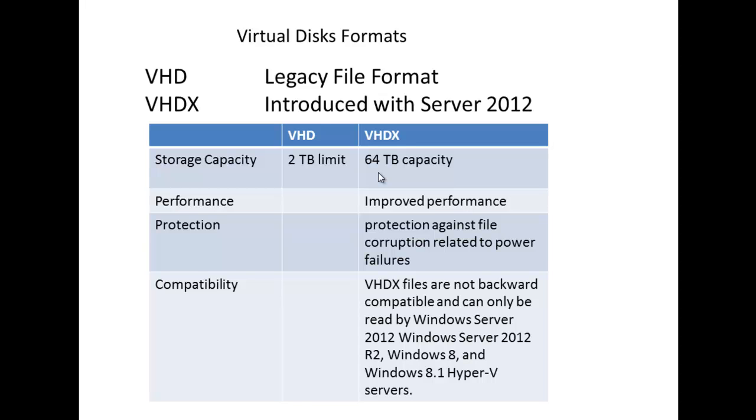With VHDX, we have improved disk performance. We also have to look at protection. With the VHDX format, we have protection against file corruption related to power failures. We did not have that protection with the original VHD legacy file format.